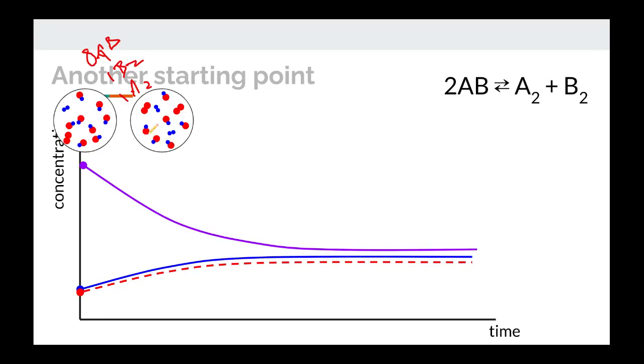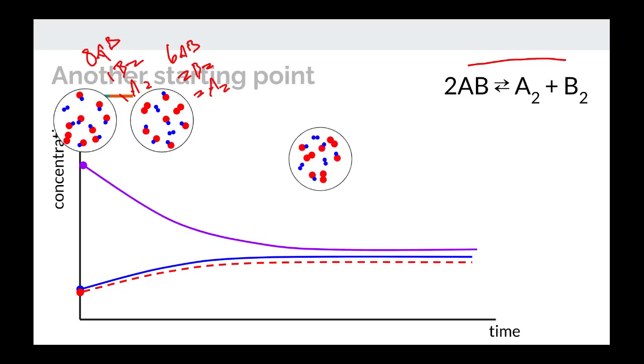Now we've got 6 ABs, 2 B2s, and 2 A2s. And this change is kind of predictable because for every 2 ABs that we lose in the stoichiometry, we're going to produce 1 A2 and 1 B2. So we went down by 2 ABs, and the count of A2 and B2 went up by 1 each.